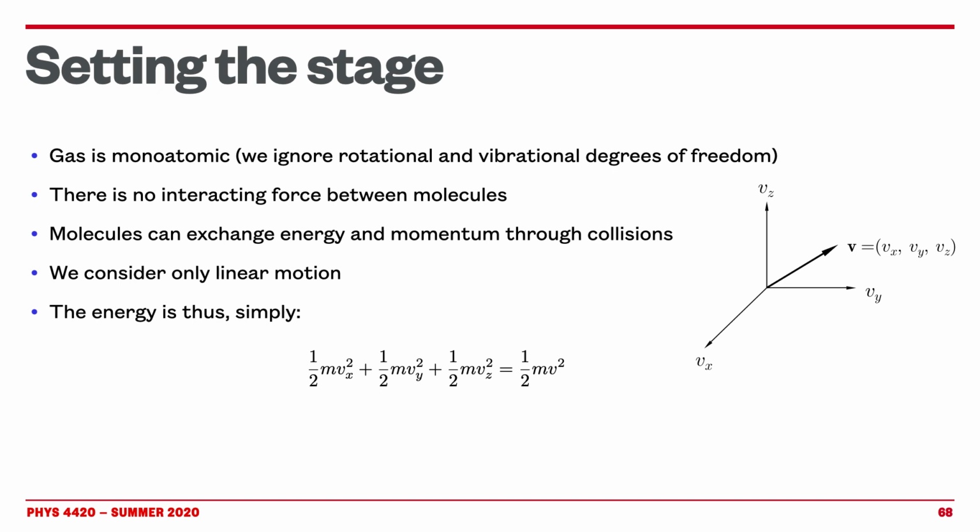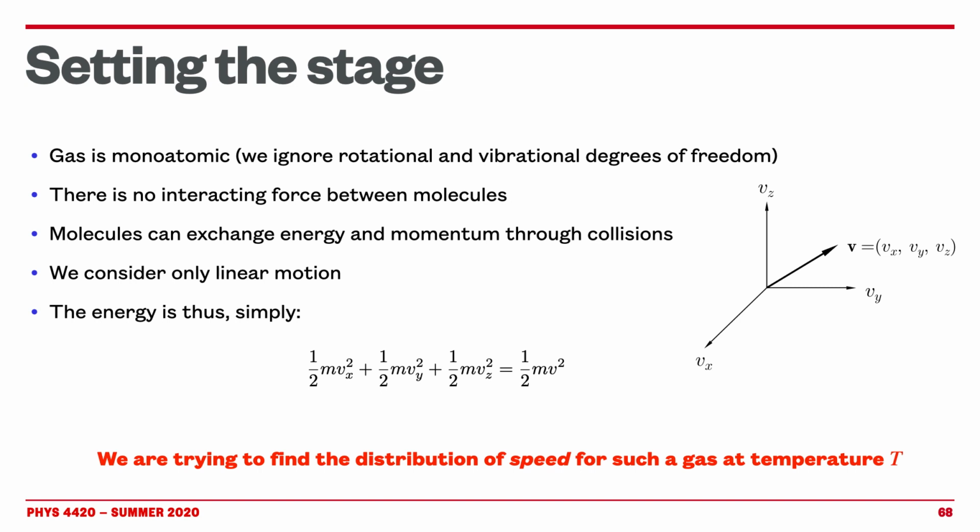Something fairly elementary. So just to set the goal of this lecture: to try to understand the distribution of speed for such a gas at temperature T. So we are going to look at that, okay?